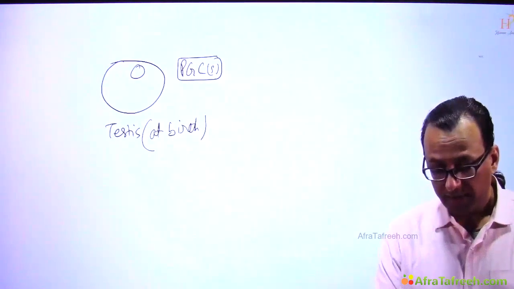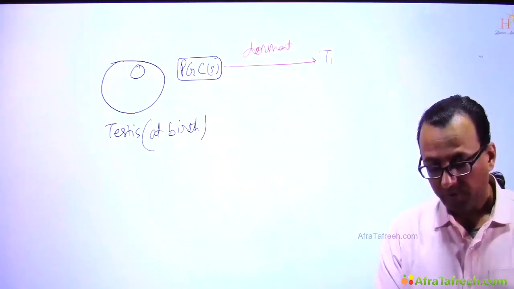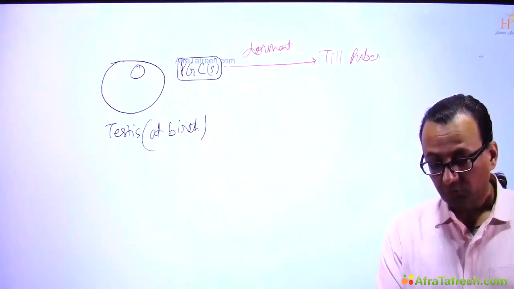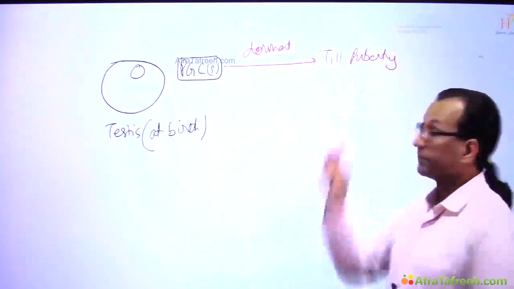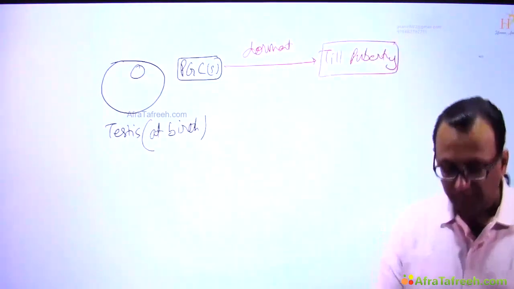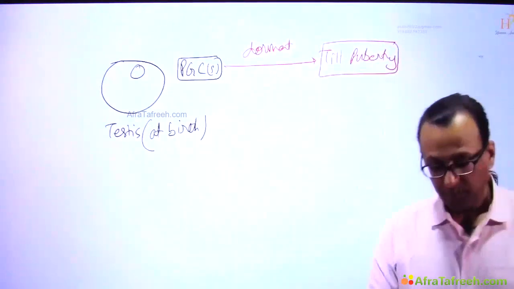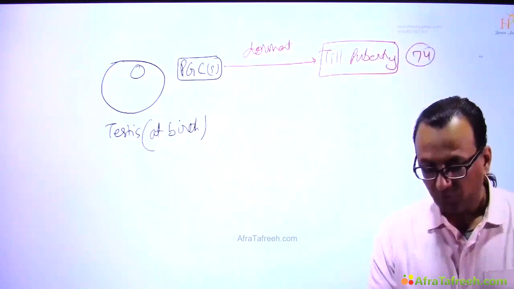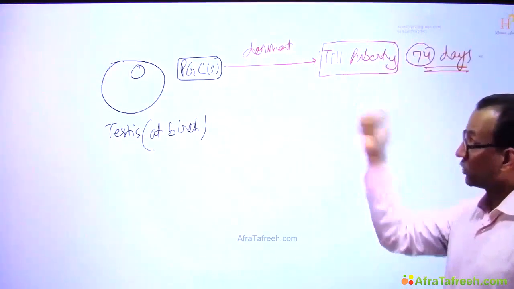Because in the male, primordial germ cells remain dormant till puberty. So spermatogenesis begins after puberty. Now, how much time does it take for the primordial germ cell to become sperm? It is 74 days. It takes 74 days for spermatogenesis to occur.